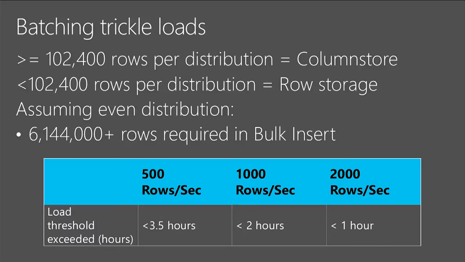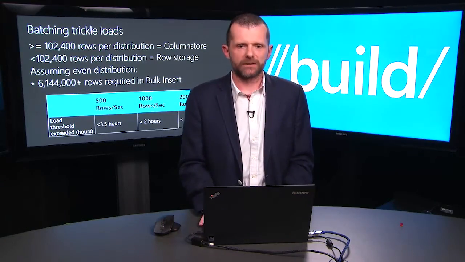Those 3 scenarios, we're going to look to load this data directly into a column store. Column stores have a threshold themselves, and that is that we need to have at least 102,400 rows per distribution in order to go straight to column store format, which gives us the cleanest, simplest ETL process.